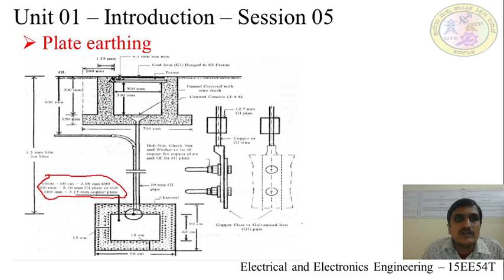At the ground level, you are going to construct a rectangular masonry work using a brick or the concrete. That rectangular masonry work or construction is covered with the cast iron cover hinged to the cast iron frame, for opening and closing.